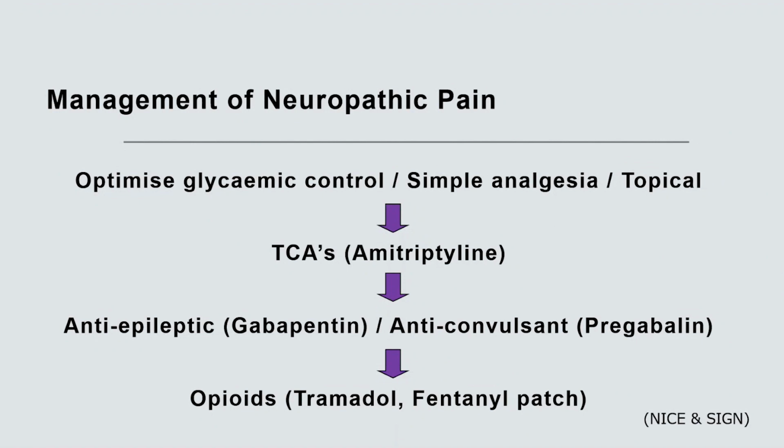But again, think about the potential for addiction and be really cautious, because if people are asking for these drugs by name, you've got to be wary that there might be an addiction or there might be the street value that is driving that conversation. So again, I would suggest these conversations are much better in a multidisciplinary environment.